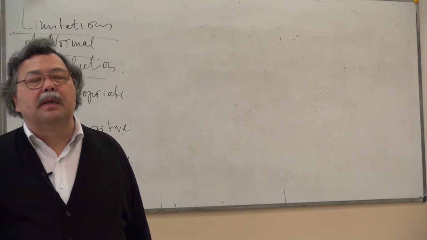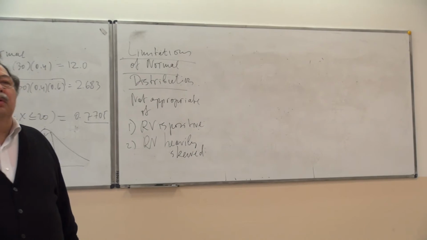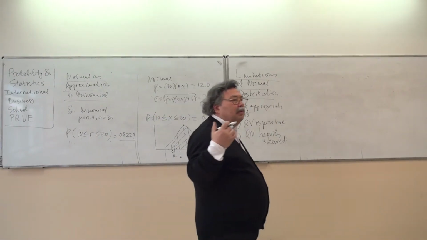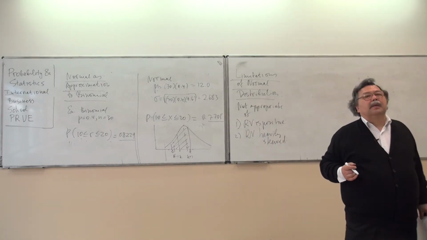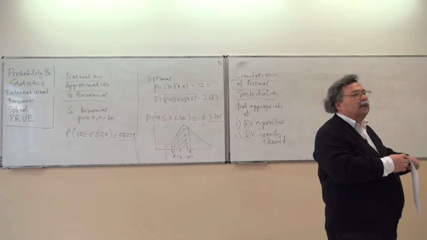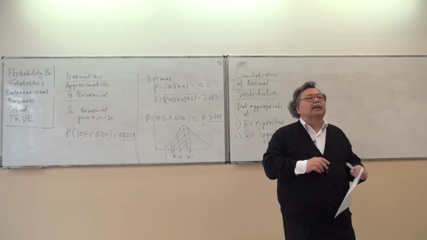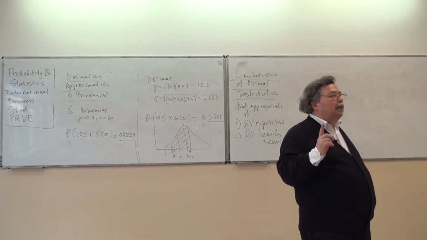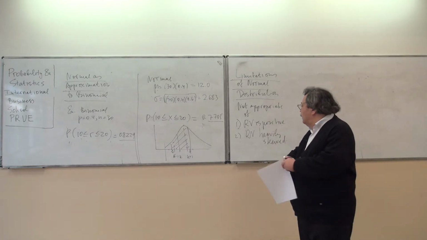And when the random variable that you study is essentially non-symmetric, then you should not look for an appropriate model among the normal random variables. By the way, it's a known fact that the body weight of an individual is a random variable that is rather strongly skewed, and the normal random variable is not a good choice for modeling this.